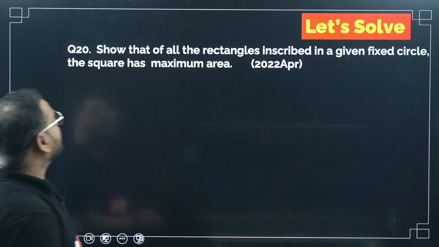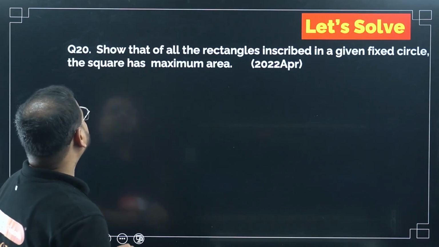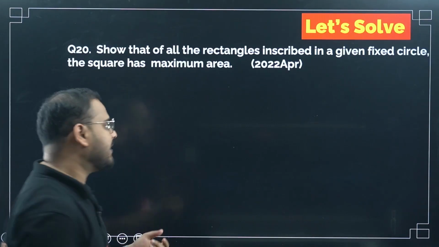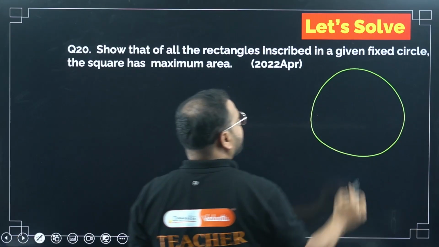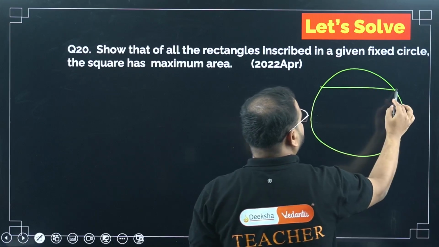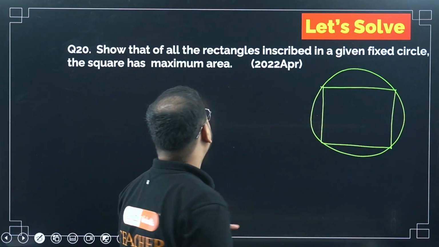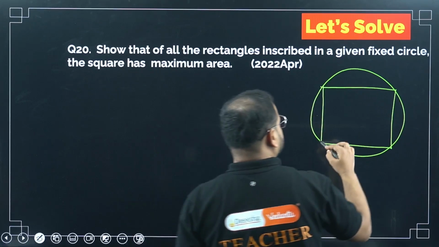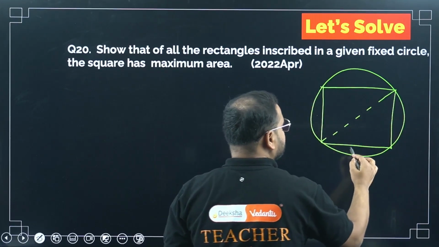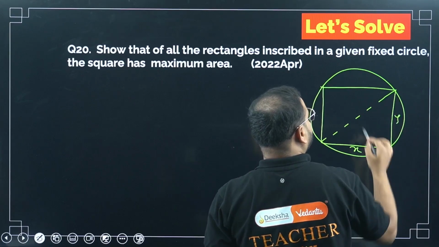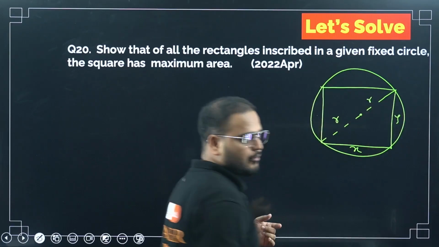Of all the rectangles inscribed in a given fixed circle, the square has the maximum area. Now we have to prove that. For a circle, if I have a rectangle drawn here, this side is x, this is y, and this is, let's say, r and r, the radius of the circle.